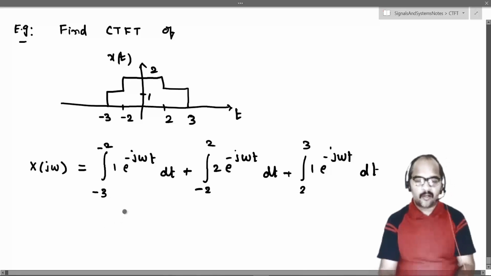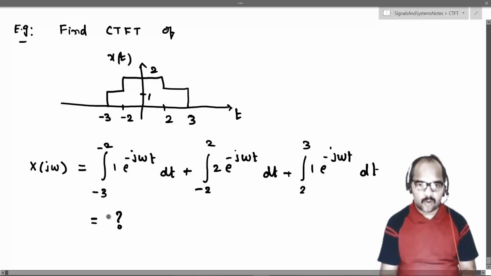You can do this integration and then simplify, but that is a little bit laborious, so I will put a question mark there. If you are interested, you can do this integration.